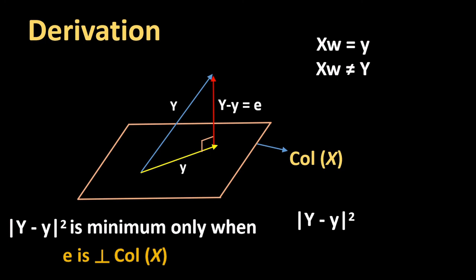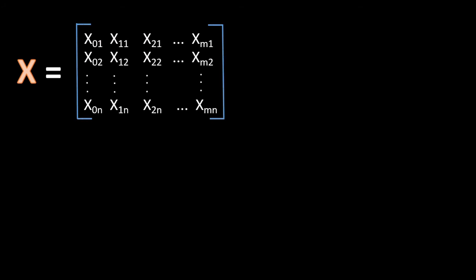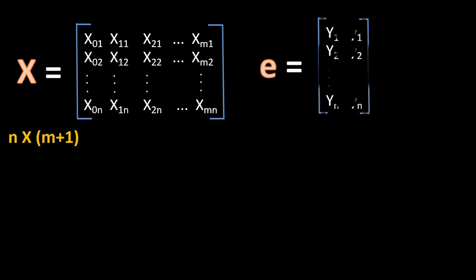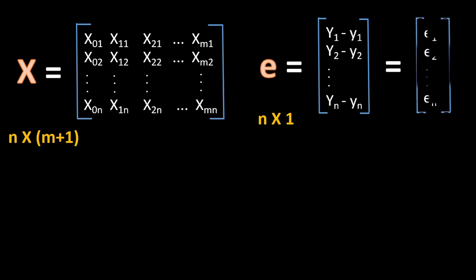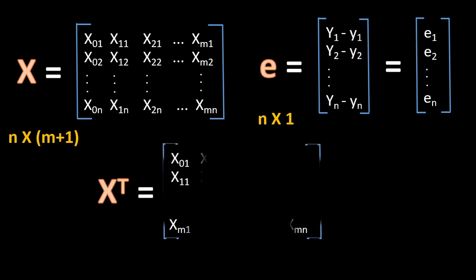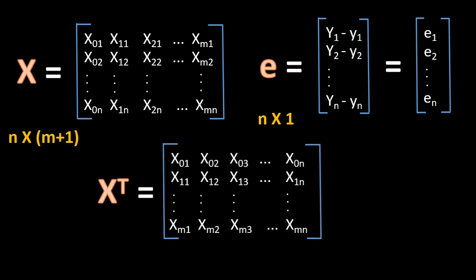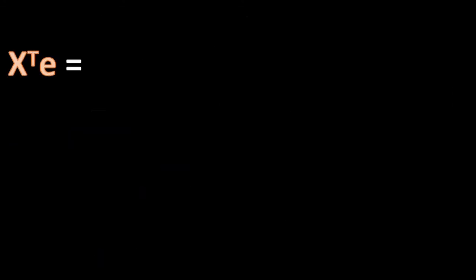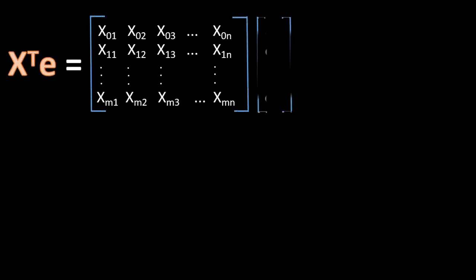Now we have represented our X as this matrix as defined earlier. Also, the vector e can be defined as shown here. It will be the vector of capital Y minus small y. Then we can write our X transpose something like this. Therefore, when we multiply this X transpose with vector e, we get this matrix. This matrix can also be rewritten as this.